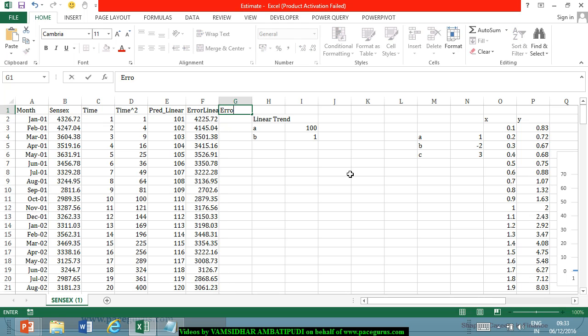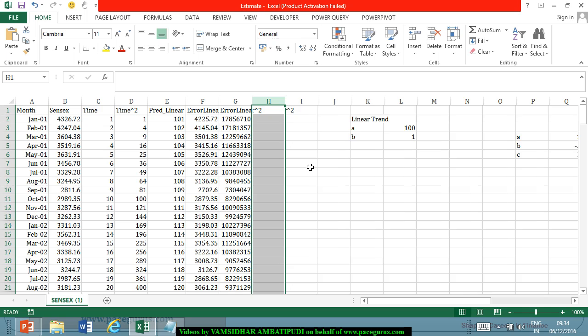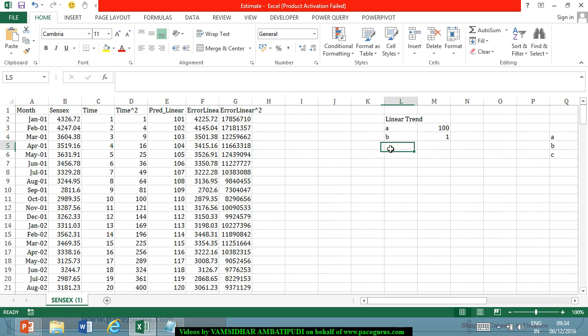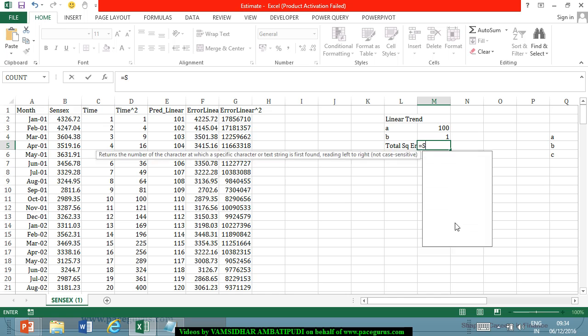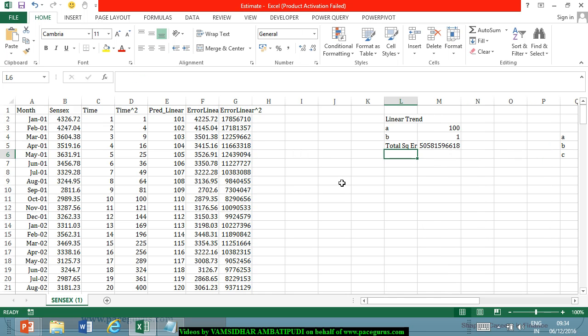That's where I call error linear squared, which comes out as this number squared. I want to minimize this total error, so let me give a few more columns. Here, total squared error, which is the summation of all these things.